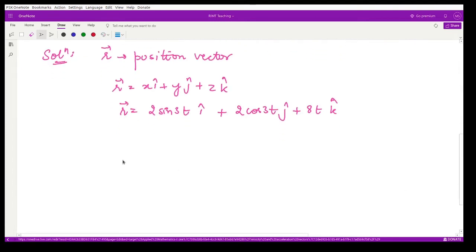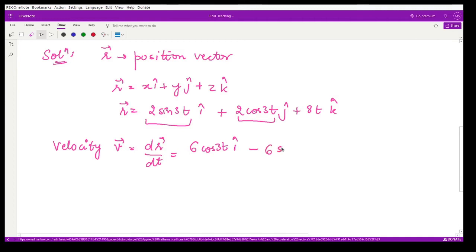Now the next thing is you are to calculate the velocity. So your velocity v is going to be equal to the first derivative of this position vector. When you differentiate it with respect to t, you will obtain 6 cos 3t i cap, then minus 6 sine 3t j cap, and then plus 8 k cap.